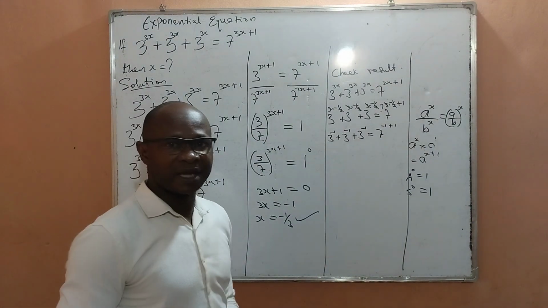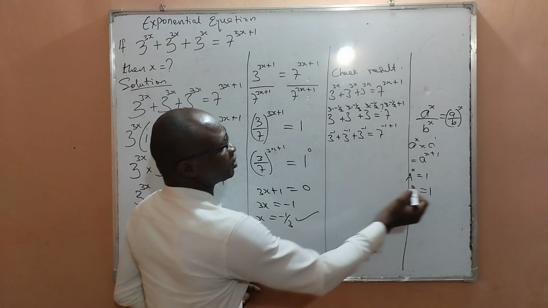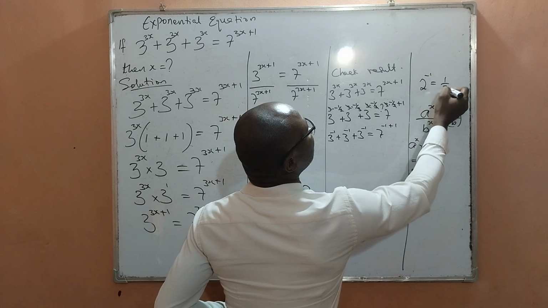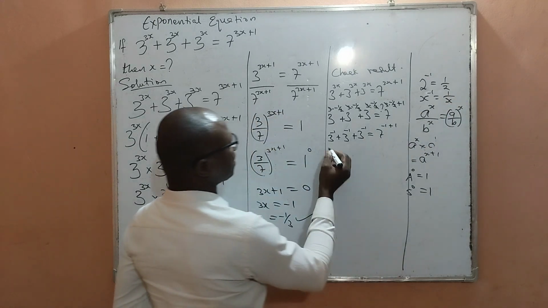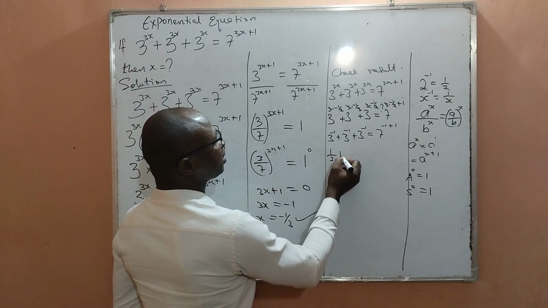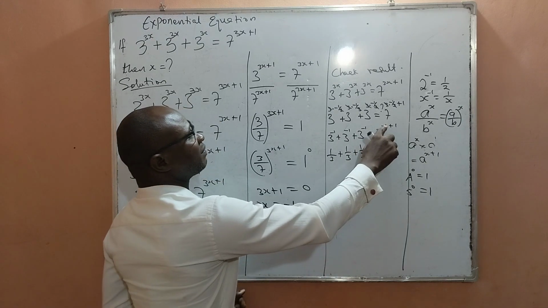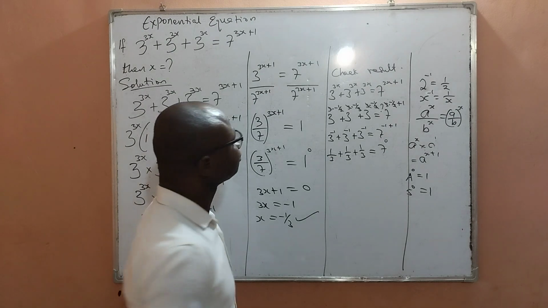This is the negative power index law, which means if I have 2 raised to the power minus 1, it is equal to 1 over 2. x raised to the power minus 1 is equal to 1 over x. So here we say 1 over 3 plus 1 over 3 plus 1 over 3 equal to 7 raised to the power minus 1 plus 1, which is 7 raised to the power 0. Minus 1 plus 1 is 0.